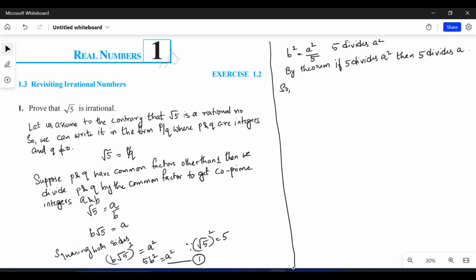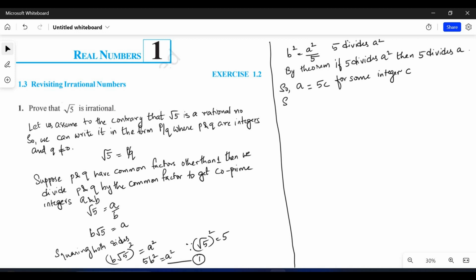So you can write A equal to 5 into C for some integer C. As we know, 5 divides A square. Then we can say 5 divides A by theorem, which we have already explained in the last video. If you have any doubt, please go and check that video. So we can write A as a factor of 5.